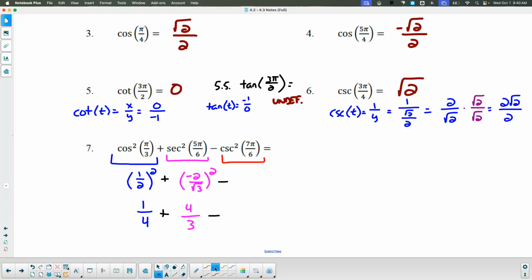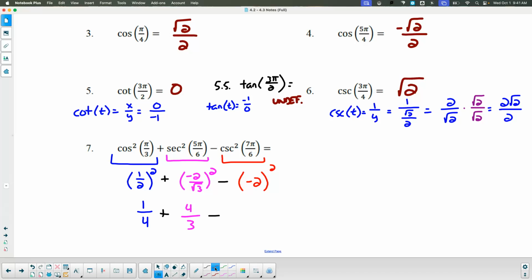Then I've got the cosecant squared at 7 pi over 6. What is the cosecant of 7 pi over 6? Negative 2. Negative 1/2 reciprocal is negative 2, correct? Okay.